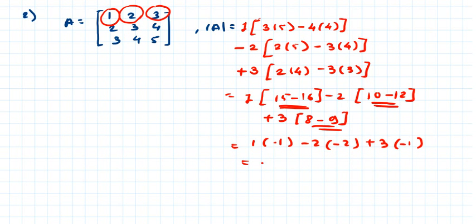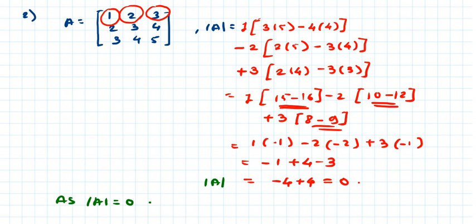So this will be minus 1 plus 4 minus 3, which is minus 4 plus 4, equal to 0. As the determinant of A is equal to 0, this implies A is a singular matrix.